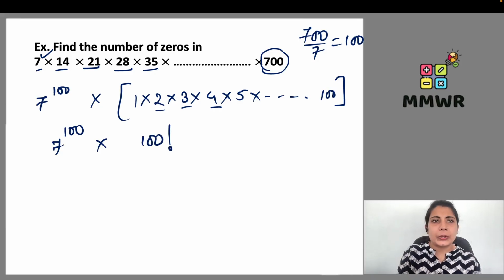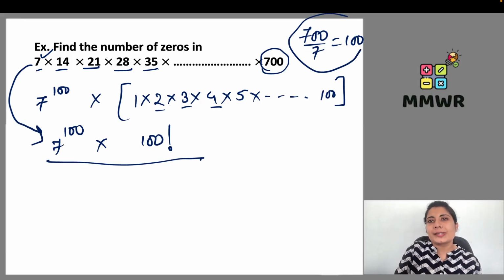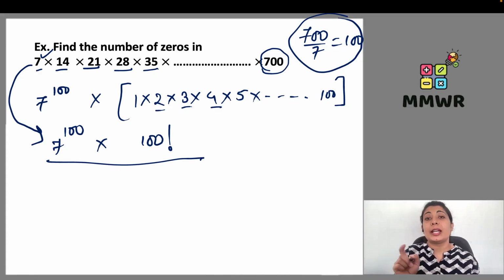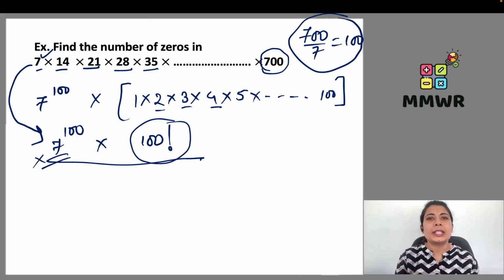You can reach this step directly as well if you have understood this concept: how this 100 comes, that 100 is the power of the number and the factorial is also 100, right? As soon as you get to know 100 factorial, now here we don't have 2's. So what will we do?